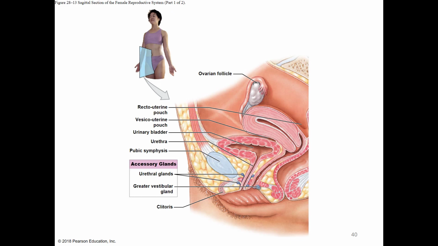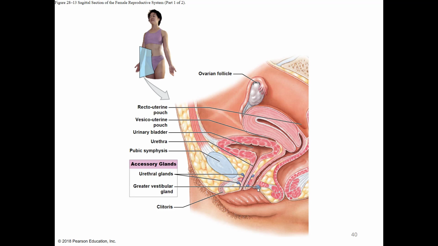So let's review some of these features we just talked about. So again, we have the vaginal canal here, cervix, external os. Here's our uterus, ovary, fallopian tube or uterine tube.